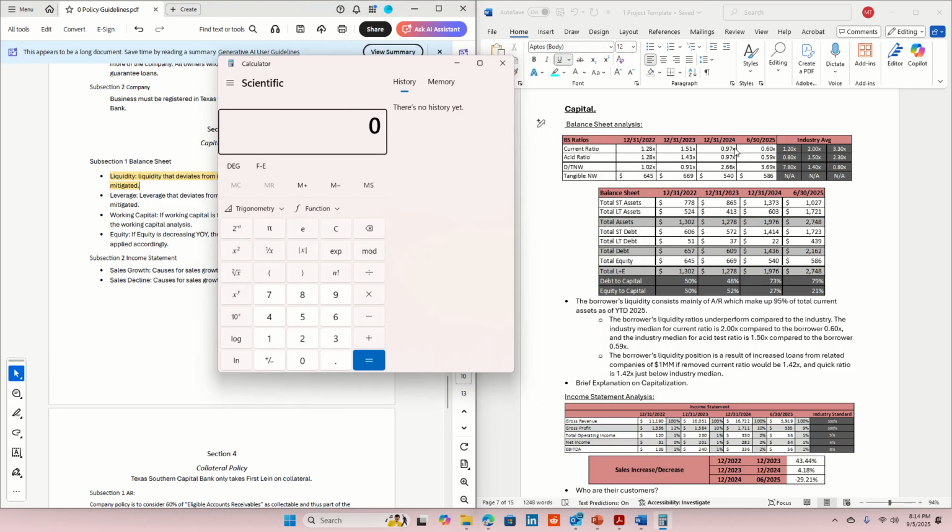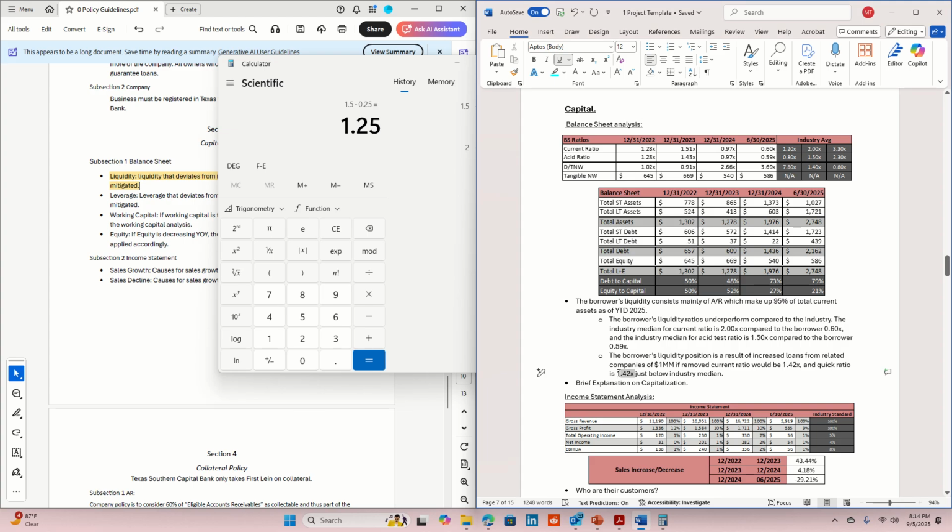So that's going to be 2.00 minus 0.25, right? So in order to be within the industry standard, their current ratio is going to have to be 1.75. And their quick ratio is going to have to be 1.25.